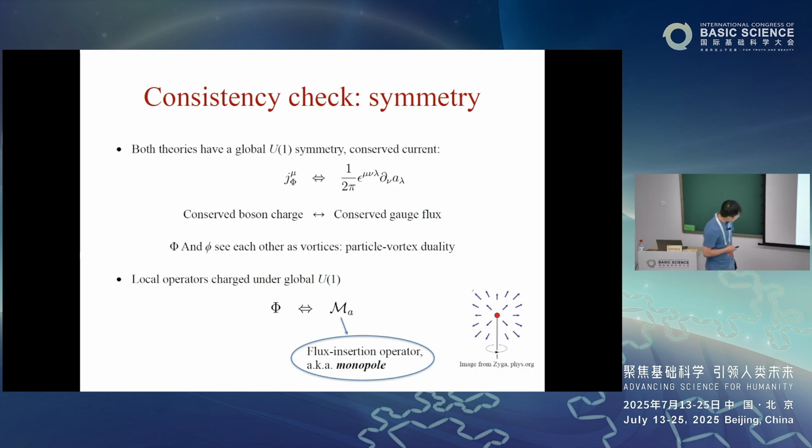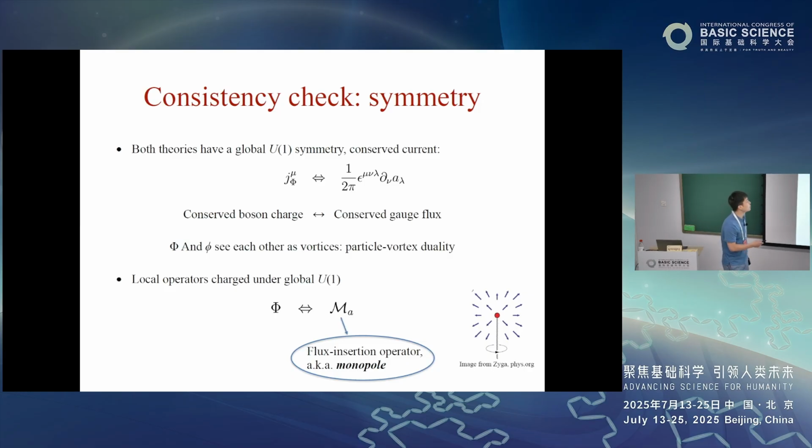Okay. And then you can look at local operators. By local, I mean local and gauge invariant operators that are charged under this global U(1). On the Wilson-Fisher side, it's just your φ^4 scalar. On the Higgs theory side, you have to work a little bit to realize that this is a local operator that's charged under the flux U(1) symmetry, and by definition, it's an operator that creates flux.